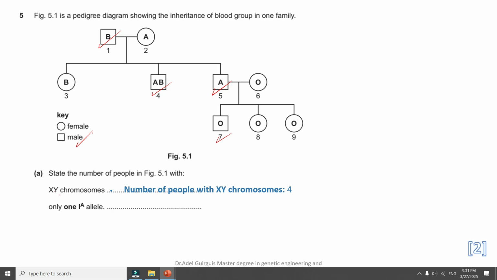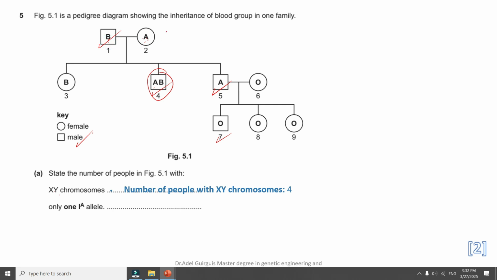What about only one IA allele? Okay, look please. Here the mother A produces AB in this individual, so both parents must be heterozygous.